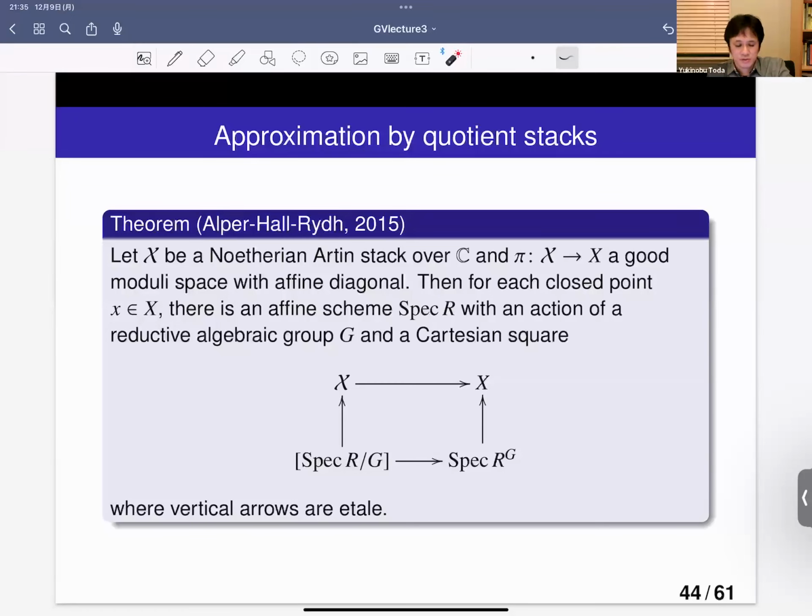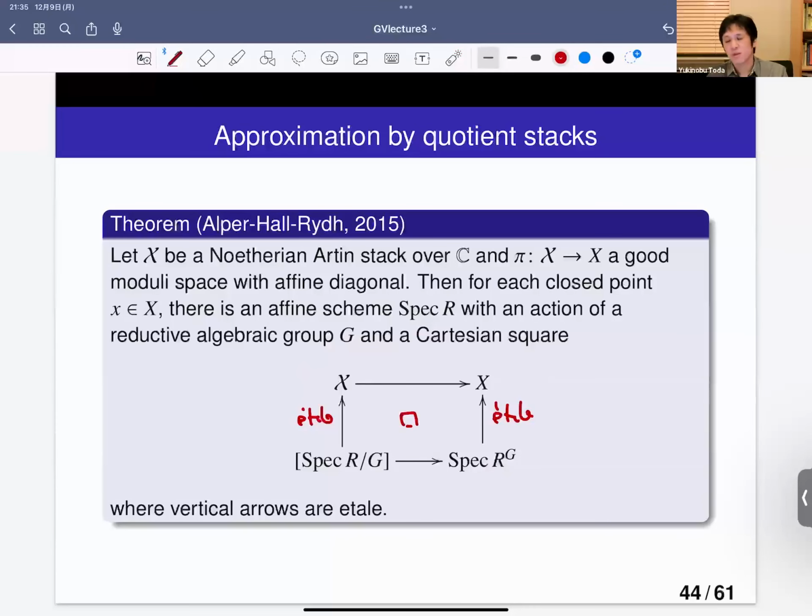This is a quite remarkable result by Alper, Hall, and Rydh. The statement is that if X is an algebraic stack over C, and pi is a good moduli space with affine diagonal, then for each closed point, there is an affine scheme with an action of a reductive group, and also a Cartesian square, where each vertical map is étale.